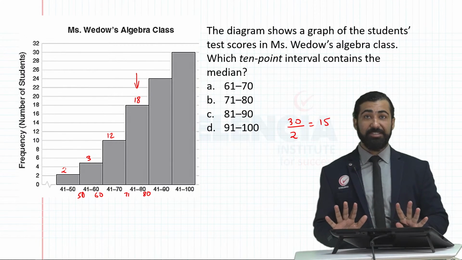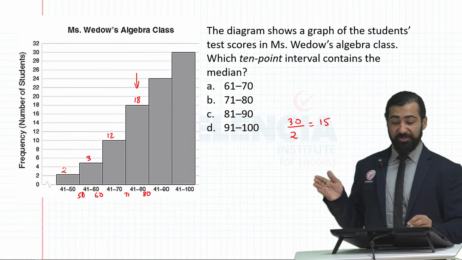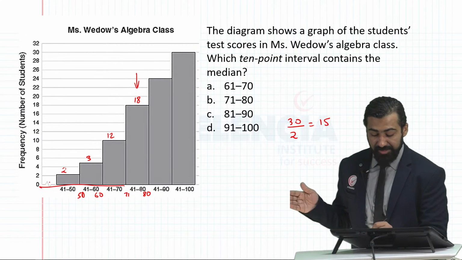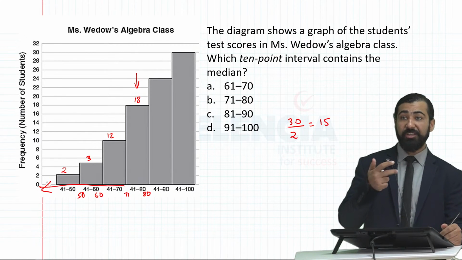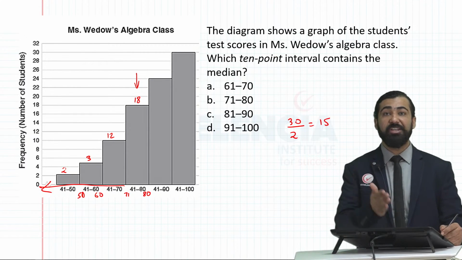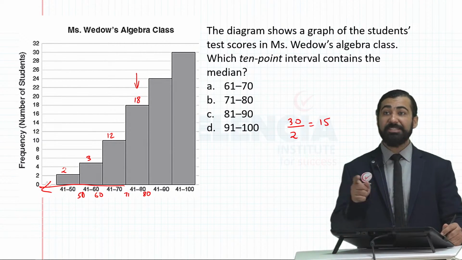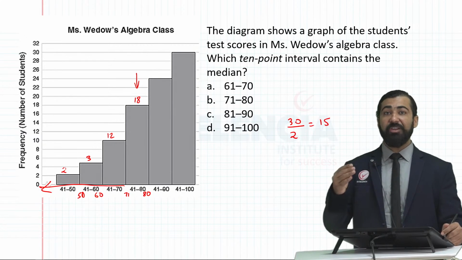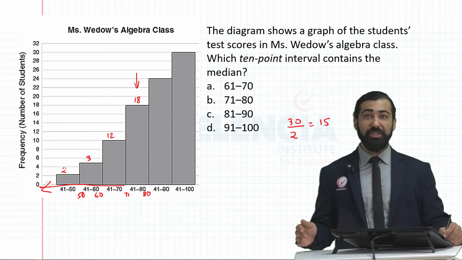See if you understand my statement. Since 12 observations are below 70, that means the 13, 14, 15, 16 and 17th observations lie in the interval of 71 to 80. That means the 15th observation will also lie in the interval 71 to 80.